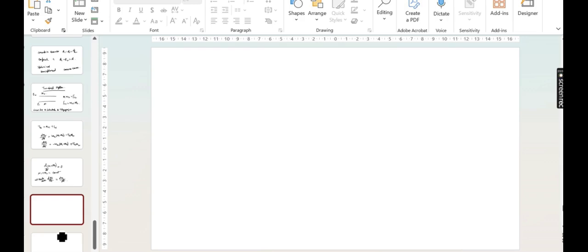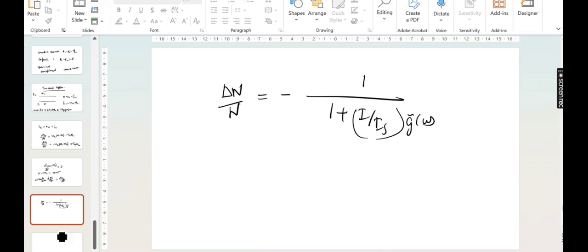We get to the formula delta n by n equals minus 1 over 1 plus I by Is, where delta n is n2 minus n1 and I is the intensity.